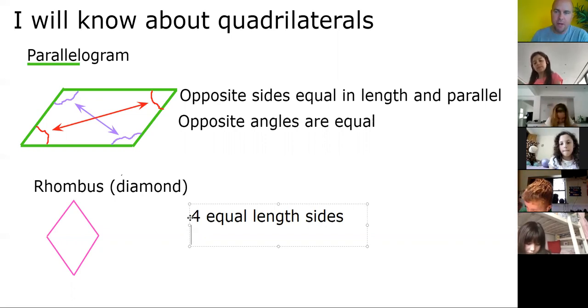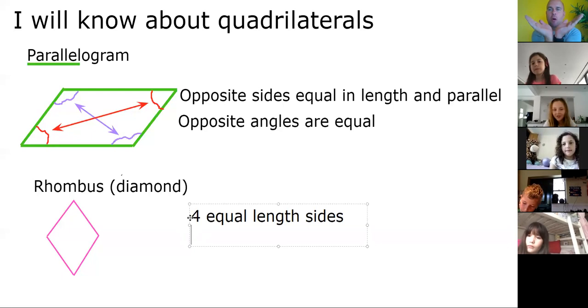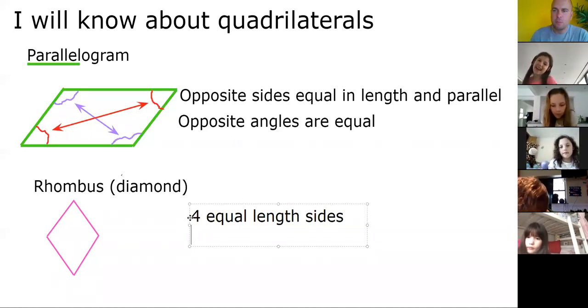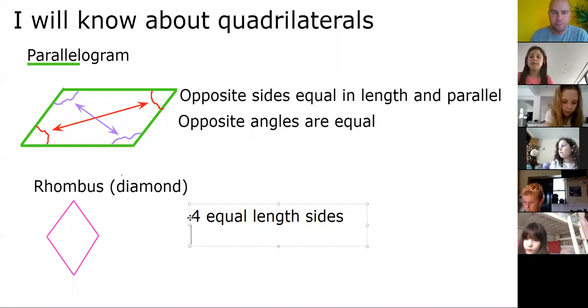So we get pairs of angles that are equal, like the parallelogram, and they're opposite each other. And we're always going to get an acute one where we've squashed it, and we're going to get an obtuse one where it's a little bit wider. Can you see the obtuse angle in the rhombus? Is it at the top or in the middle? In the middle, yeah.